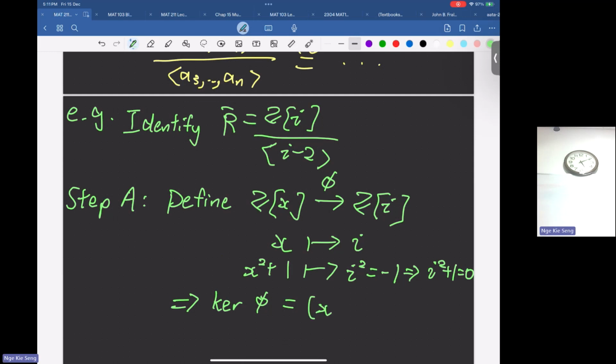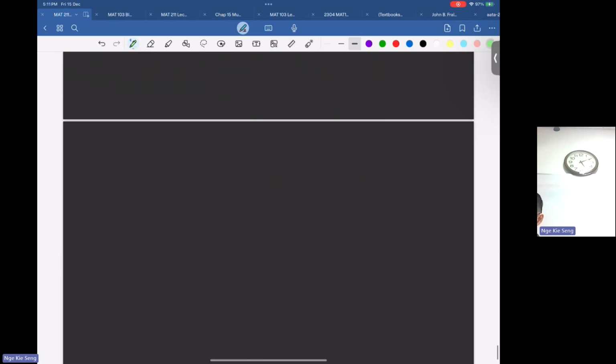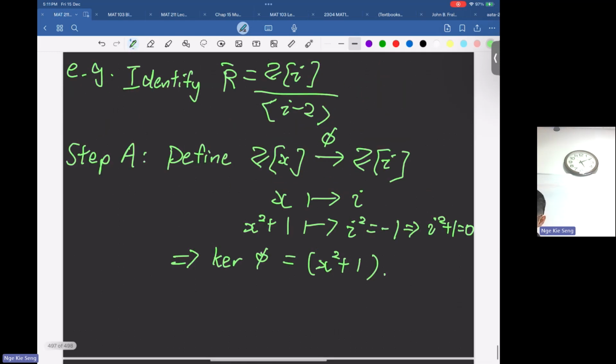This is the smallest polynomial, x squared plus 1. Or you can use division with remainder to prove this, because Z[x] is no longer a polynomial ring over a field. I don't know whether it's principal or not, but you can use division with remainder to prove it.